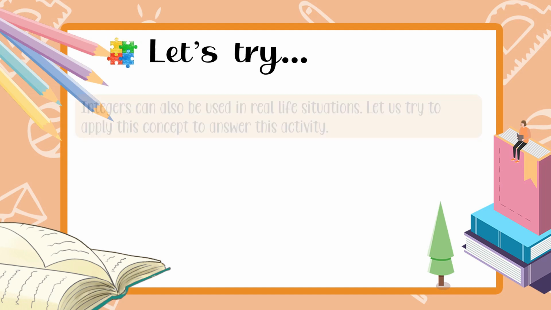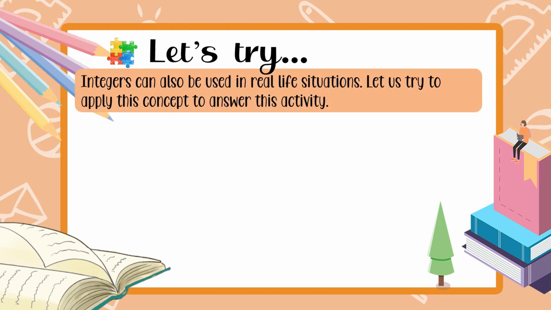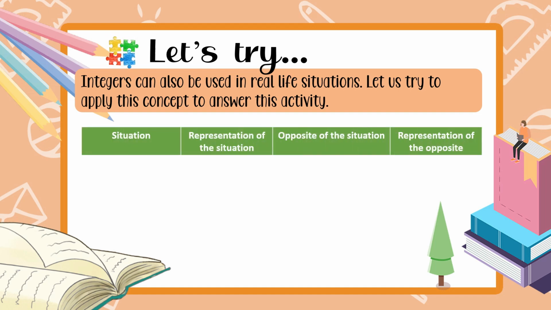Let us have this activity. Integers can also be used in real-life situations. Let us try to apply this concept to answer this activity. So in this activity, we are going to familiarize ourselves in the concept of oppositeness ng integers. So we have here the situation, how to represent the situation in integers, and the opposite of the situation, and how to represent the opposite.